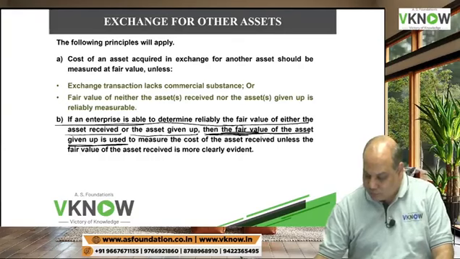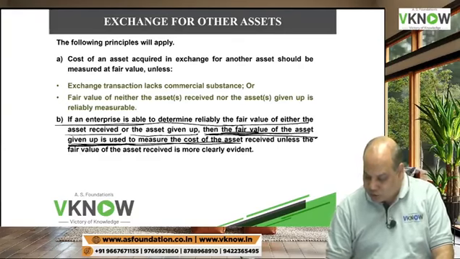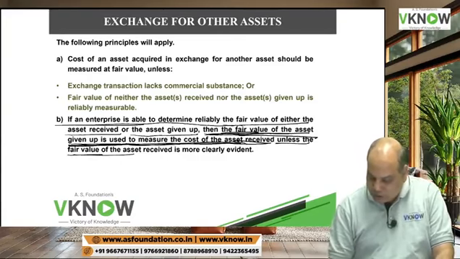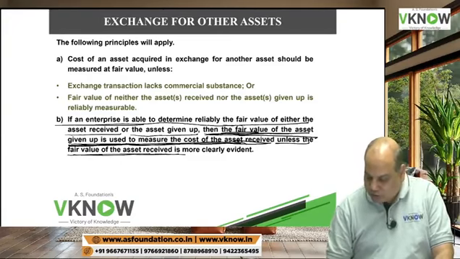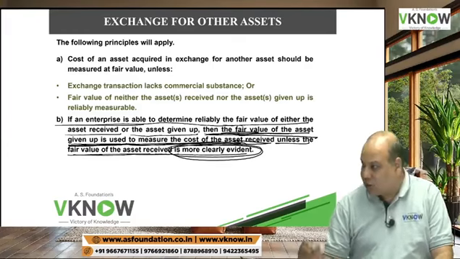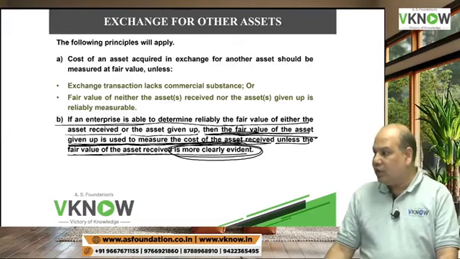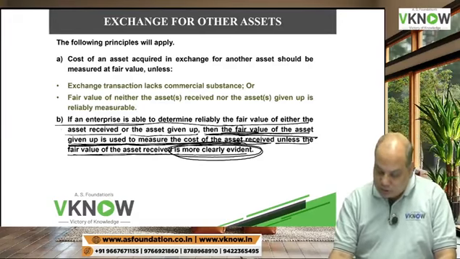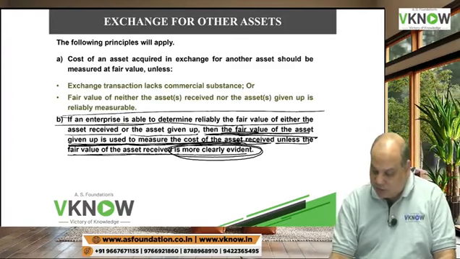Underline, fair value of the asset given up is used to measure the cost of the asset received unless the fair value of the asset received is more clearly evident. This sentence can be simplified as follows.